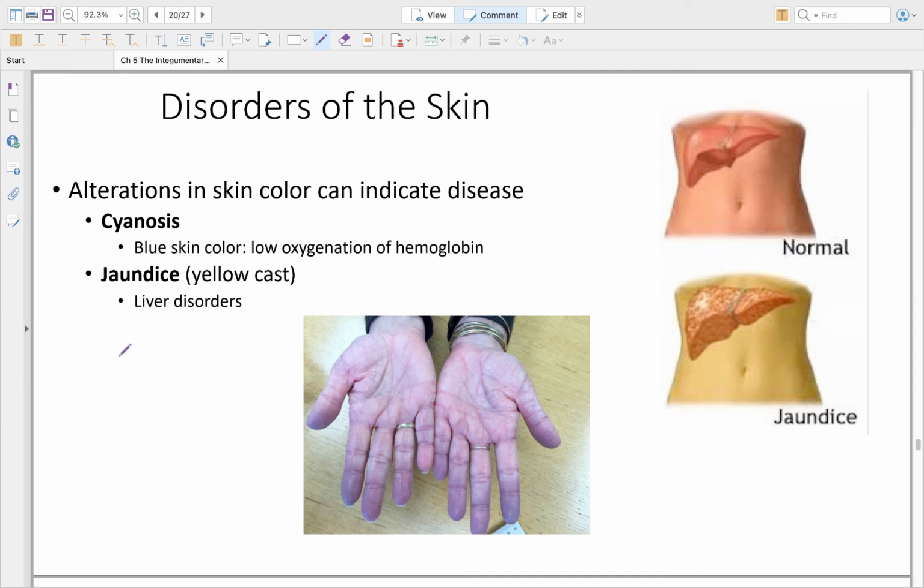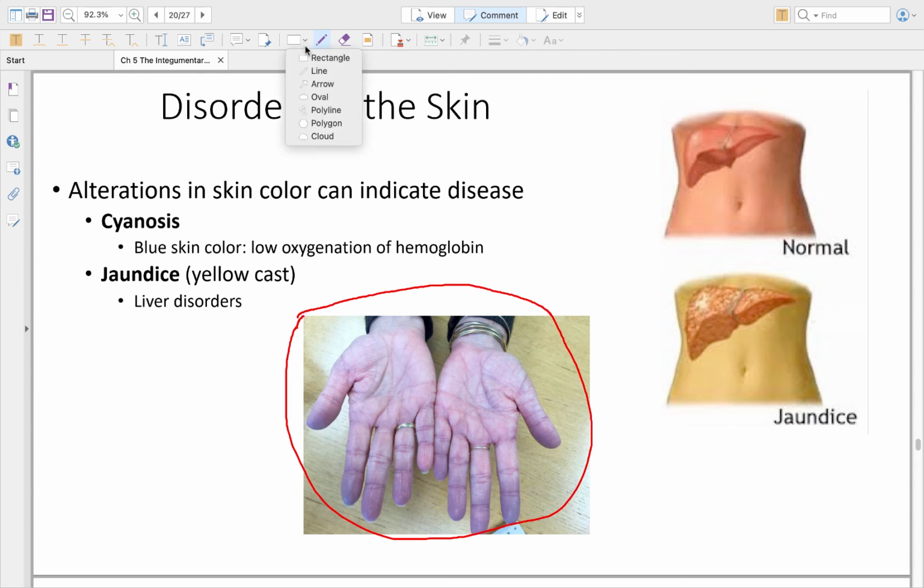So what can happen in situations where skin color is affected? There's a couple of diseases that I want to talk about. Cyanosis. Cyanosis is when the skin has low oxygen. So in general, the rule with oxygen and hemoglobin is as follows.